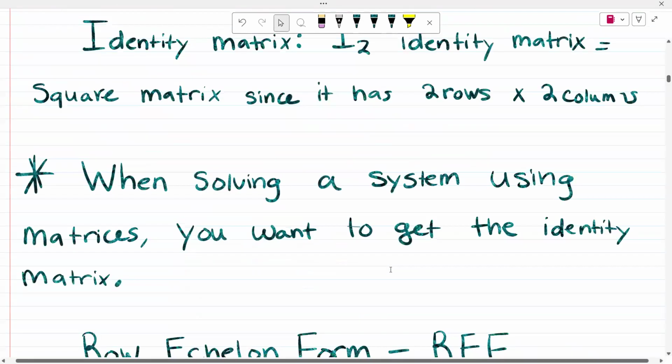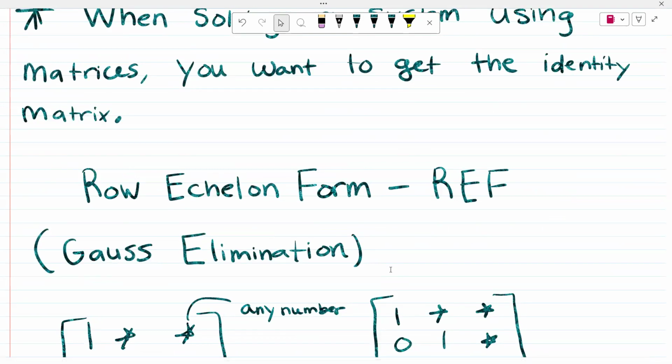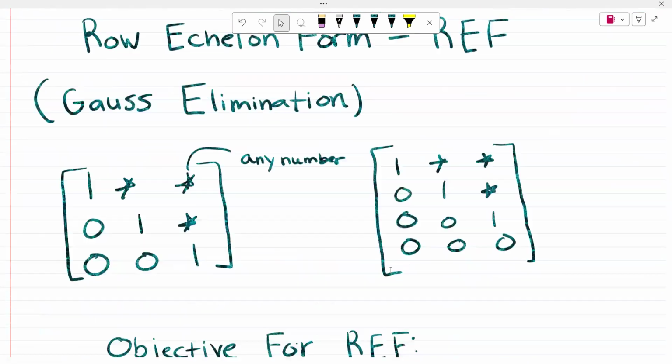Okay, so when solving a system using a matrix, you want to get an identity matrix. So you can put it in row echelon form. You can abbreviate it as REF. So whenever you see the term REF in this lecture, it's row echelon form or Gauss elimination.